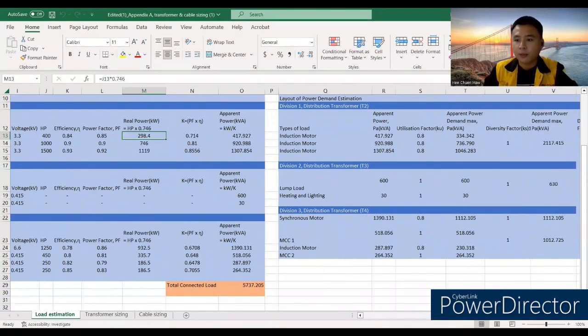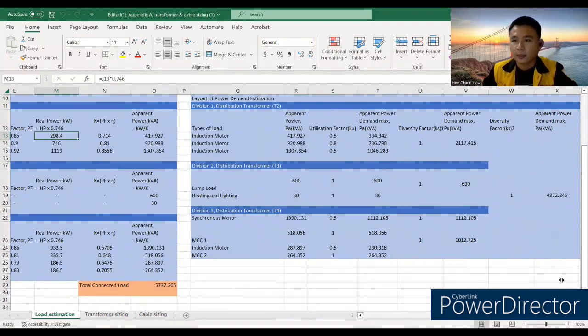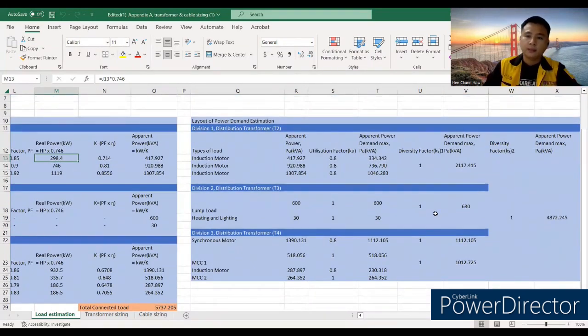So next, we are going to the load estimation. A little bit complicated, since we have to estimate KU and KS. To calculate this power estimation, first we have to move the apparent power that we got from the previous calculation to this part, and we have to estimate the utilization factor KU.